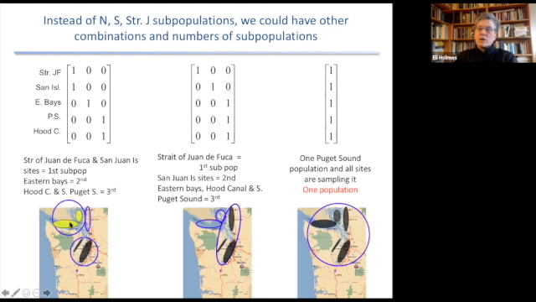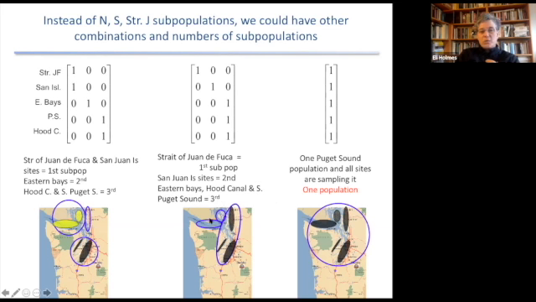Maybe the San Juan and the Juan de Fuca are both mapping onto this Juan de Fuca population. If that were the case, my Z matrix would look like this. This would be the mapping. These 2 are mapping onto that Juan de Fuca subpopulation. This is the only one mapping onto this northern, and these two again are mapping onto the southern. Here is a different population structure that maybe we have. Maybe we have an inland population, a San Juan Islands population, and a Juan de Fuca population.